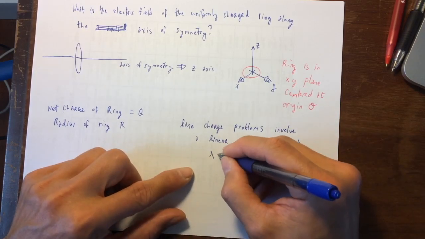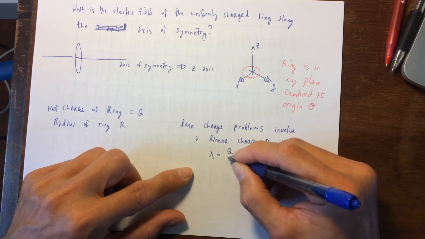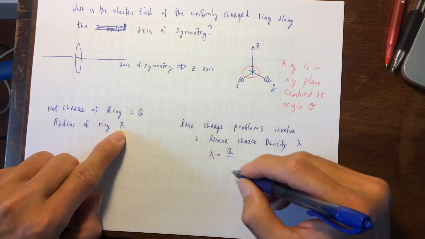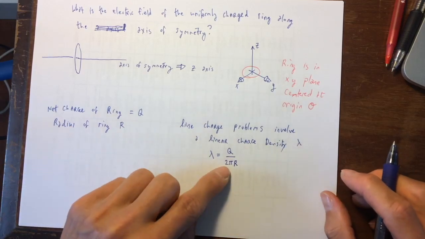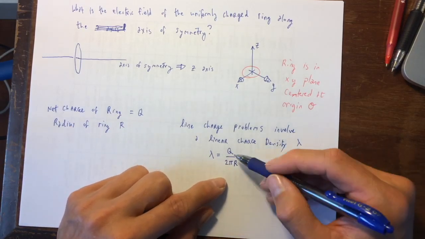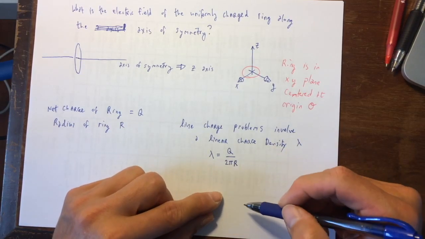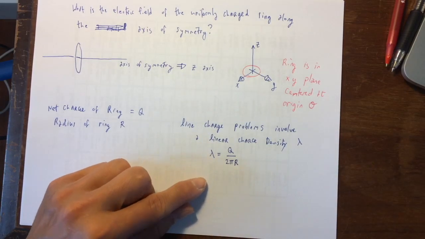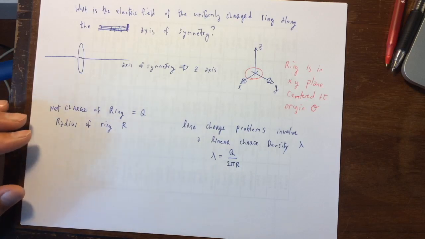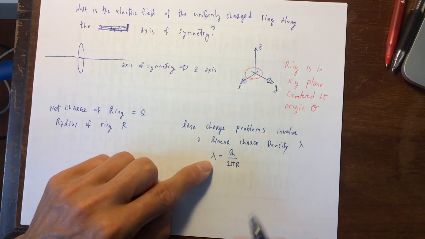In this case, lambda is the charge Q, not divided by R, but divided by the circumference, so 2 pi r, right? The charge is smeared over the circumference, over the edge of the ring. So it's Q over 2 pi r. So that's good.